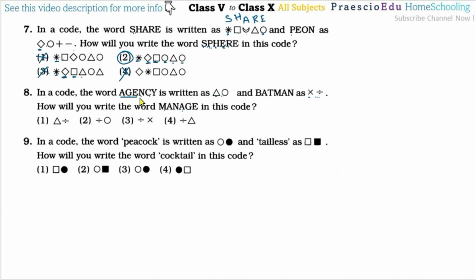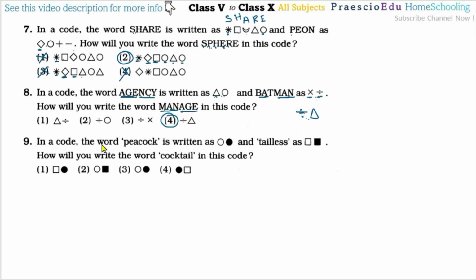Now here, if you make the grouping of this equally, AGE means this symbol, and here also AGE means this symbol. So the triangle should be there, and here BAT and MAN. So the two symbols for MAN are like this one. So for MANAGE, for this MAN we will replace this one. So this MANAGE means this symbol, and this is given in option number 4.